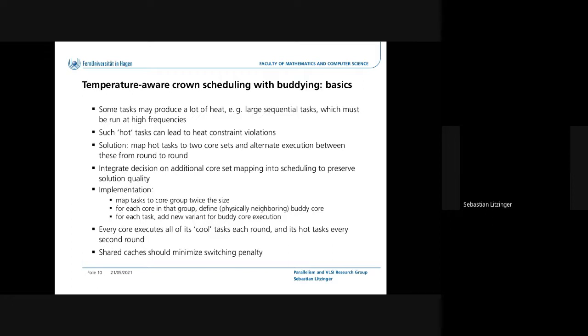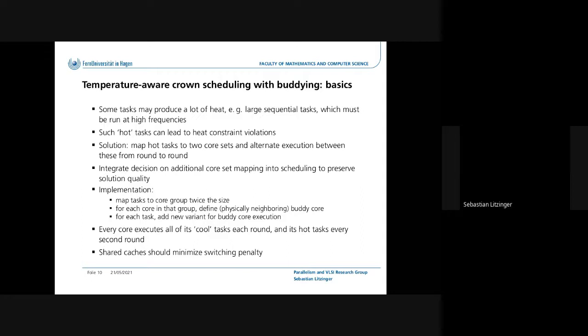And in order to not lose too much in terms of solution quality, we of course sought to integrate this decision on which tasks are mapped to an additional core set at scheduling, to represent this in the ILP, essentially. And the implementation was then to map a task to a core group twice the size.